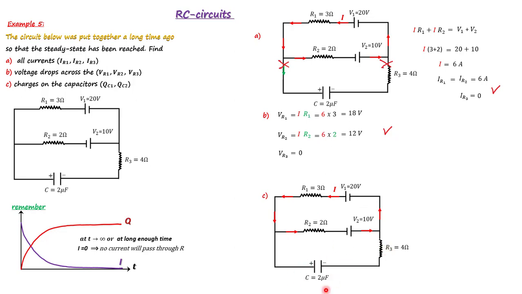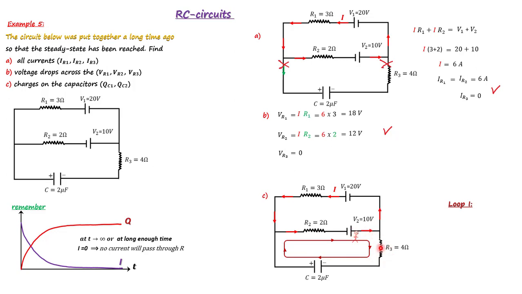To find the charge, we can use this loop or the big one. So I'm going to start with this lower window. So you see there is a battery here. So I'm going to start from the positive side of the battery and move clockwise. Let's call this one loop number 1. So the equation for loop number 1. So we start from here.